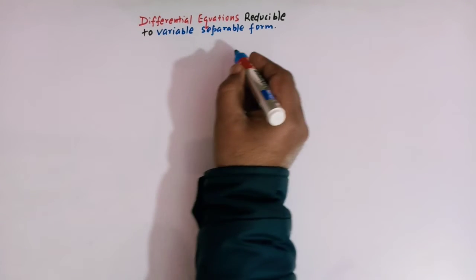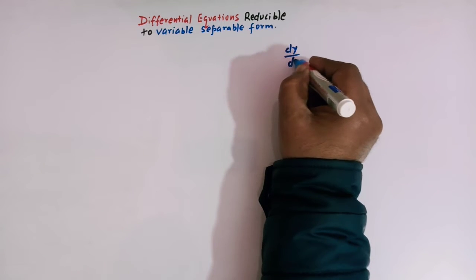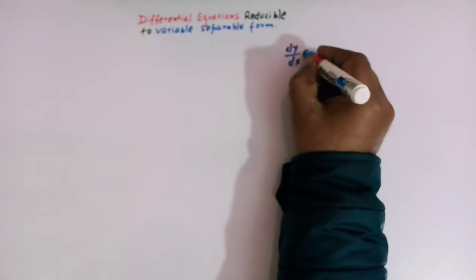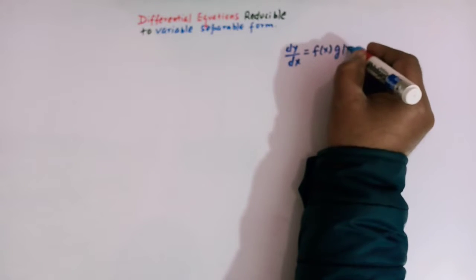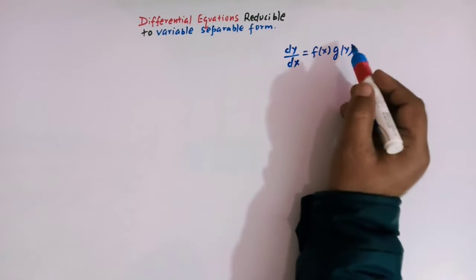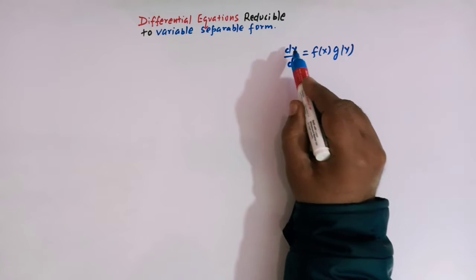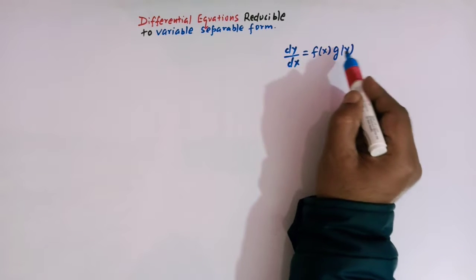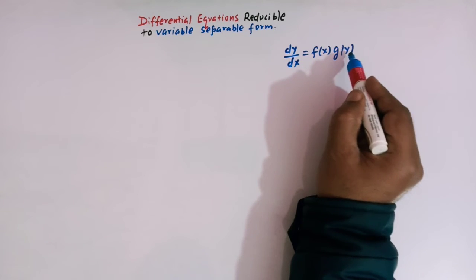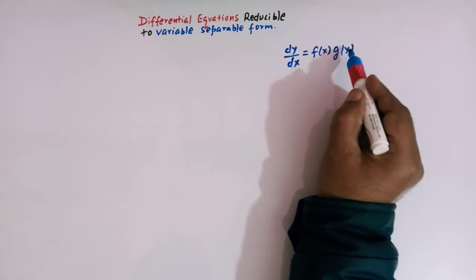Sometimes we have an equation of this form, that is dy over dx is equal to f of x and g of y. This is a differential equation in which we have dy over dx equal to the product of two functions of x and y, f of x times g of y.